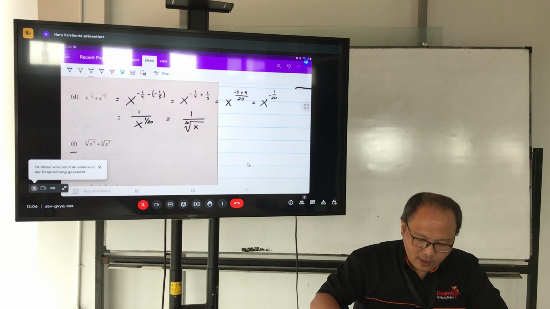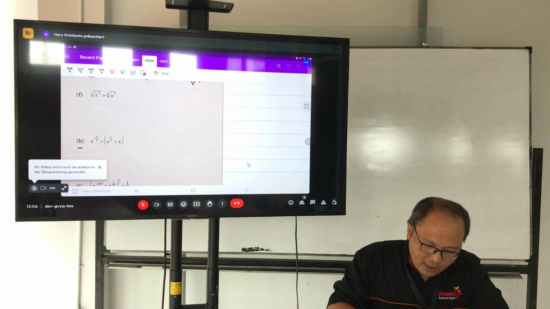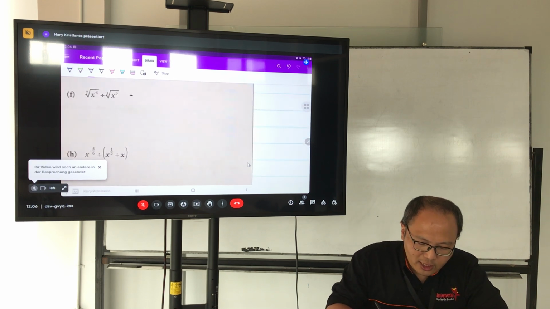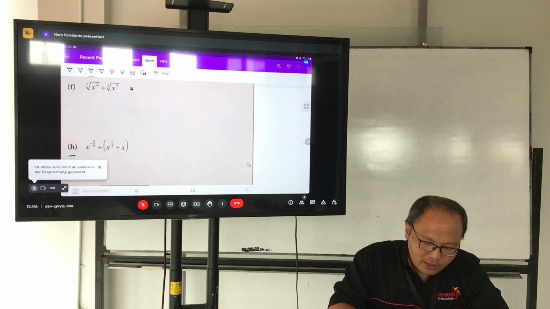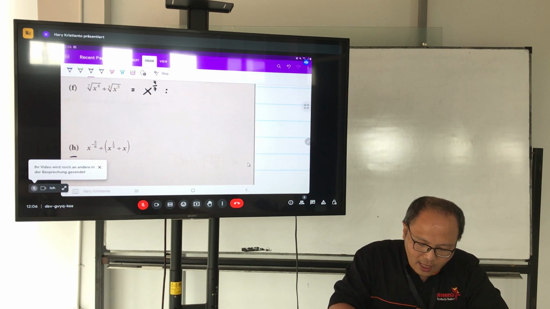Alright, the next one. This has to be first changed into index notation. So this will become x to the power of 4/7 divided by x to the power of 5/3.